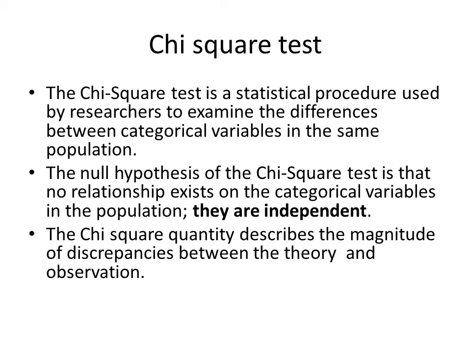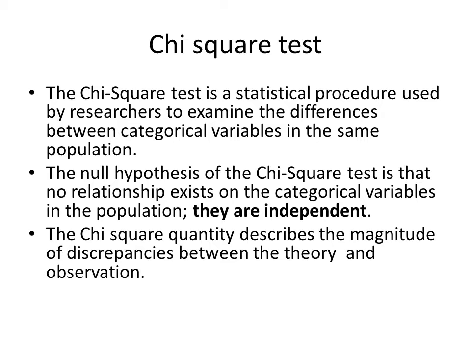In some cases, the researcher may not be sure whether the population distribution is normal or not. So, the statistical tests that do not require prior knowledge about the population are termed non-parametric tests, and chi-square test is one of the non-parametric tests.